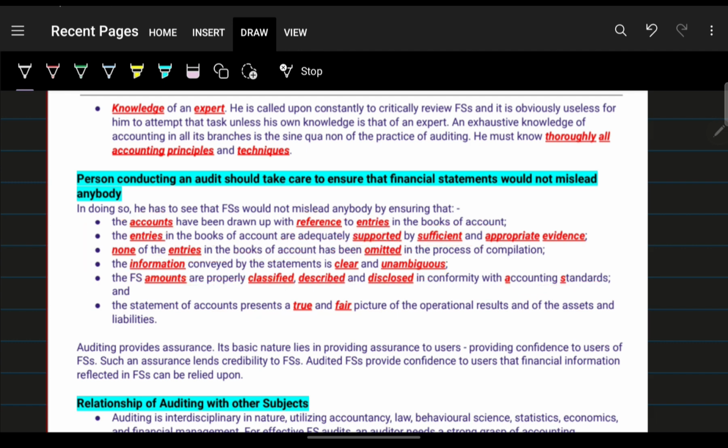First it is saying that the accounts should be drawn up as per the entries, and the entries should be supported by sufficient evidence, and no entry should have been omitted, and information is clear and unambiguous, and the amounts are properly classified, described, and disclosed. And lastly, the statements of accounts provide a true and fair picture of assurance to the users, or a true and fair picture of the operation of the entity.